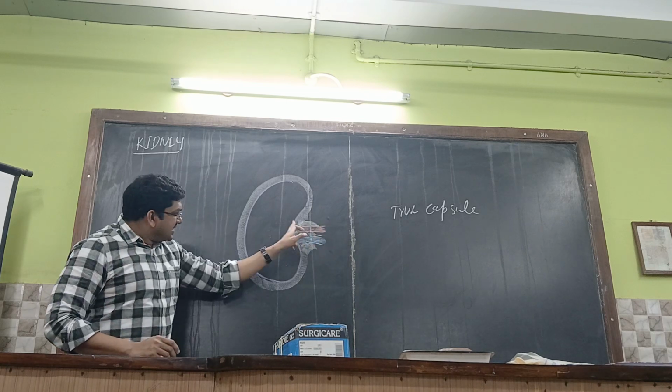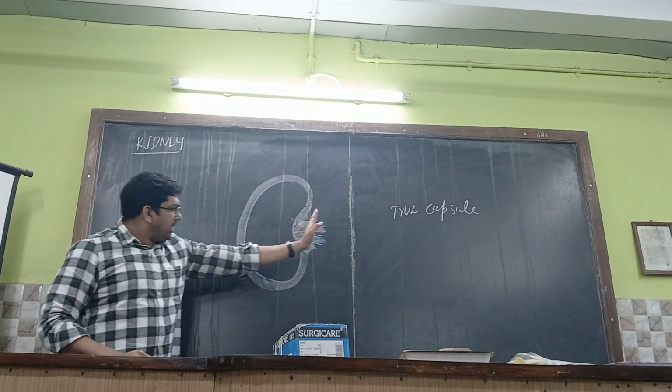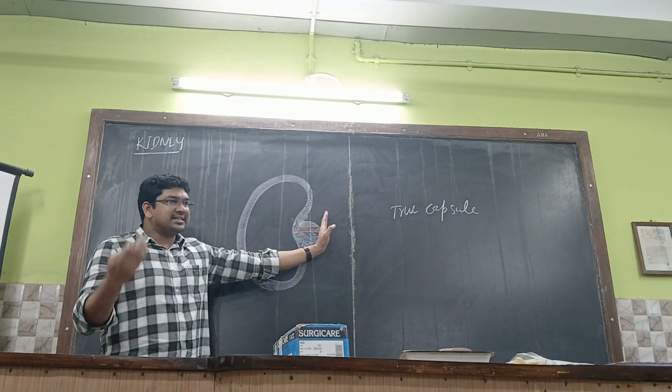The hilum of the kidney is not this part over here. The hilum of the kidney is this part. We'll be discussing that later.